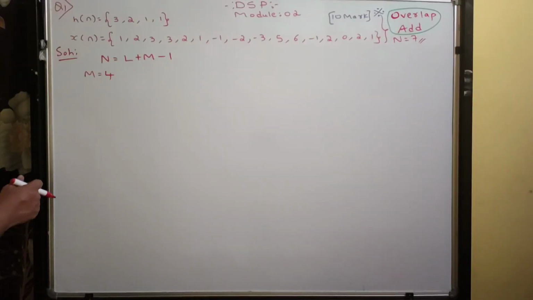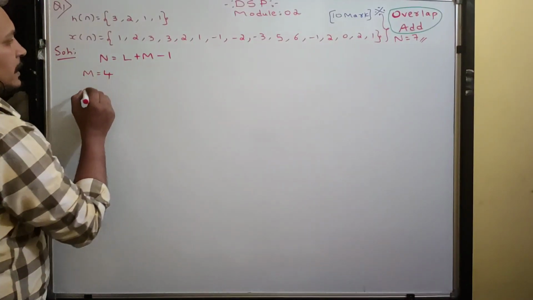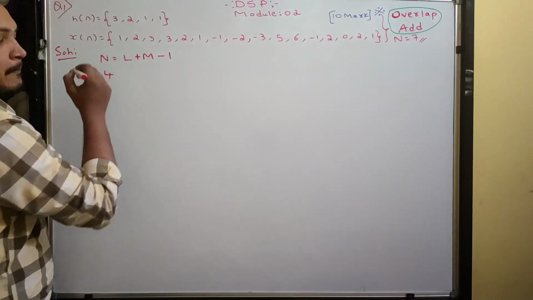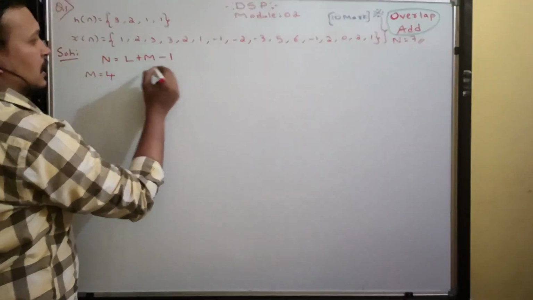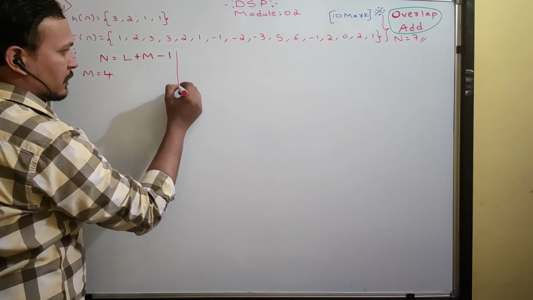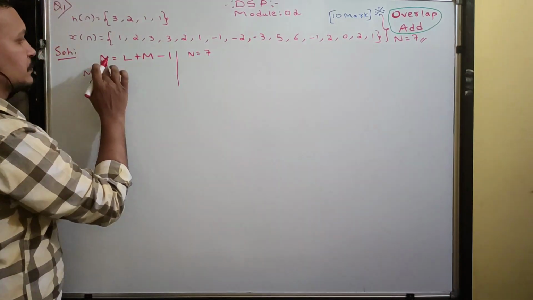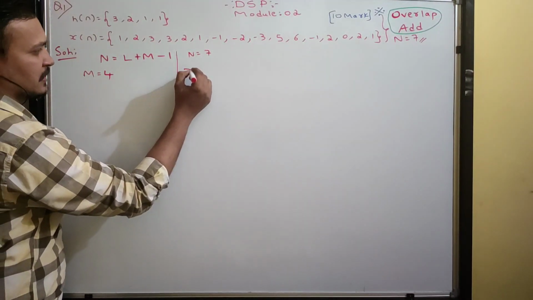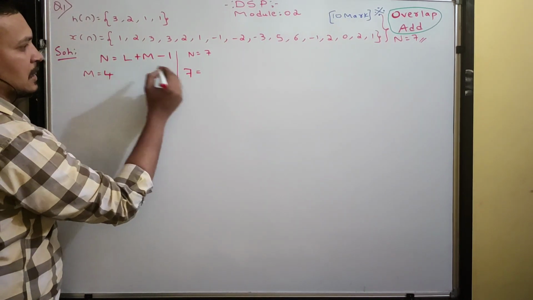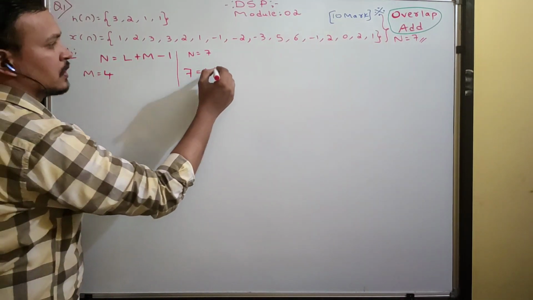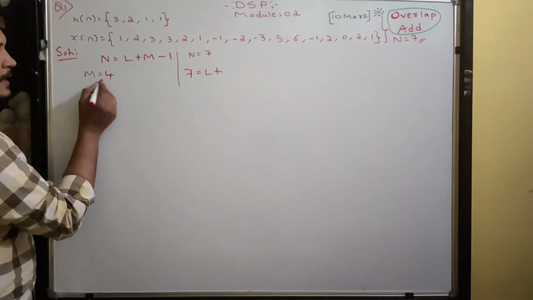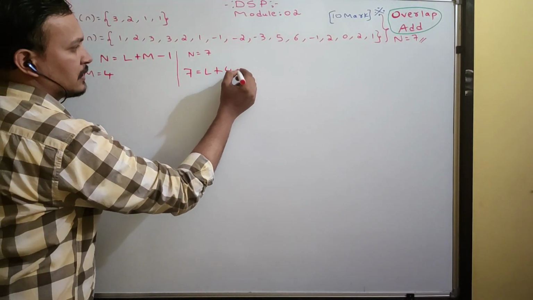Fine. So now find the L value, the number of samples. They have already given the data block length, N is given as 7. Now substitute N value 7 equals L plus M, which is 4, minus 1.